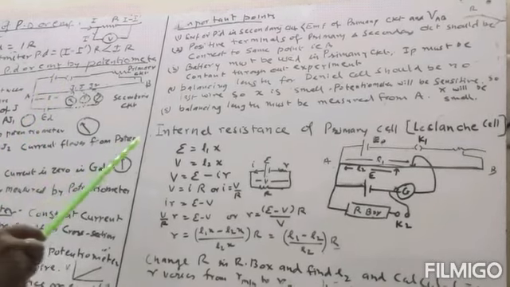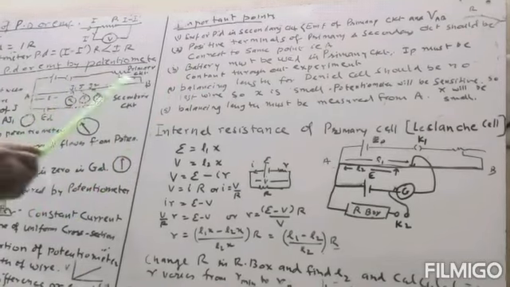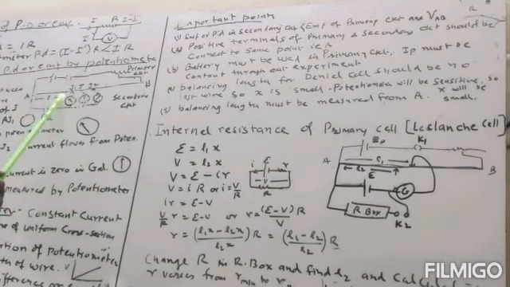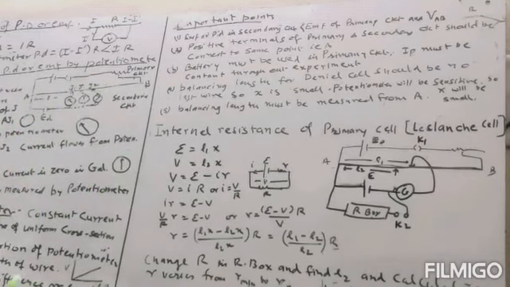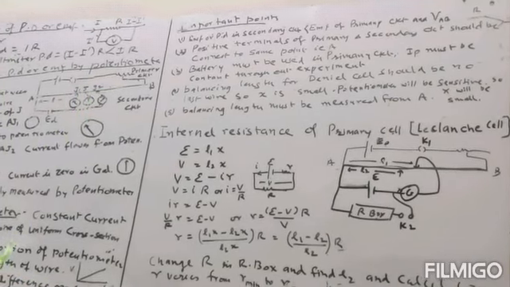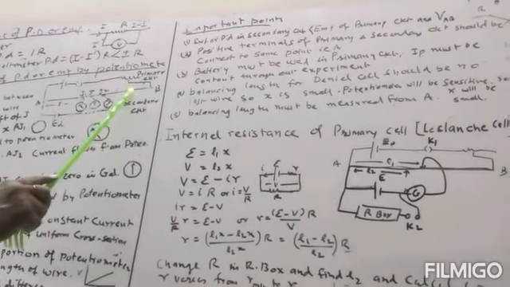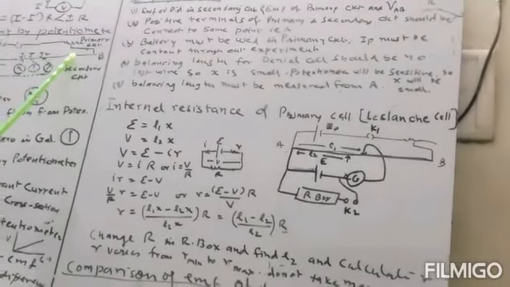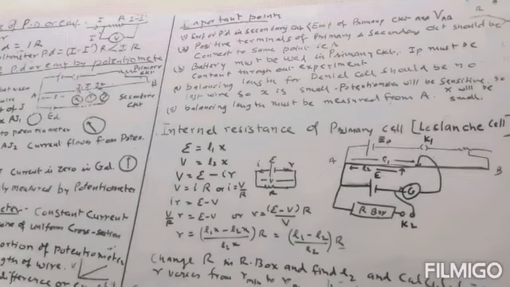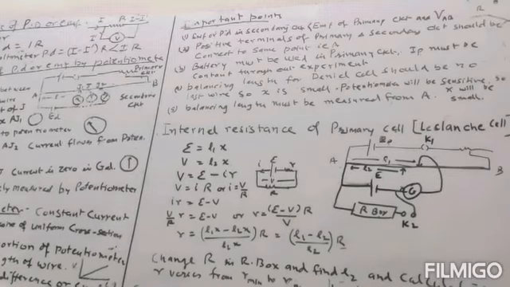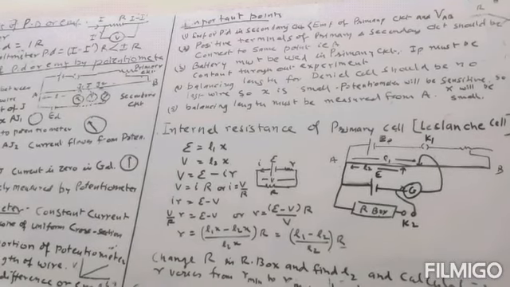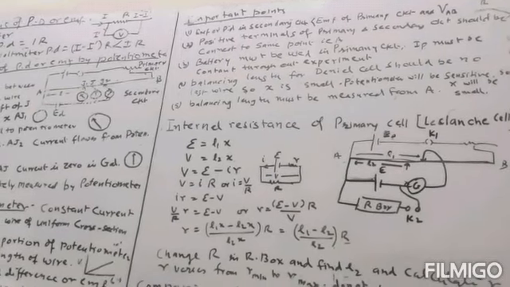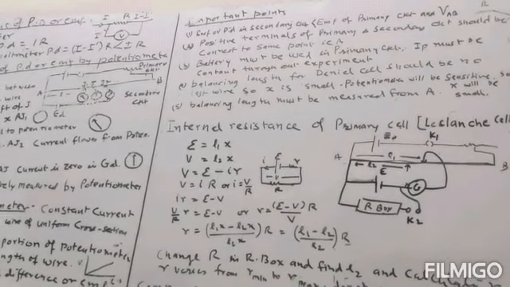Then the balance point should be on the last wire. The balance point on the last wire means the balancing length is large. It means that x is small, because x depends upon EMF divided by the balancing length. If the balancing length is maximum, then x will be smaller.